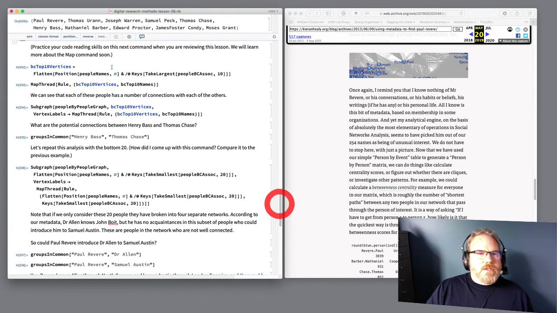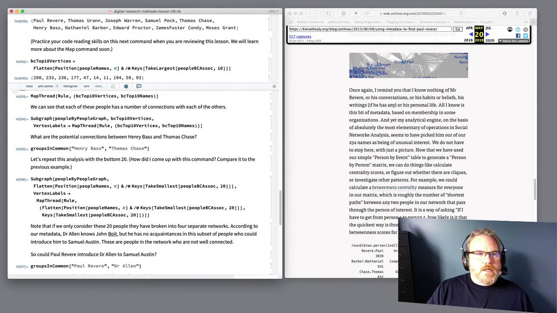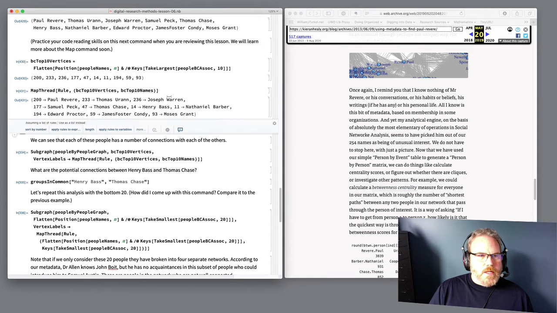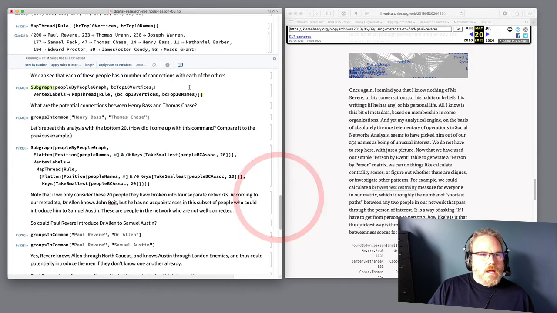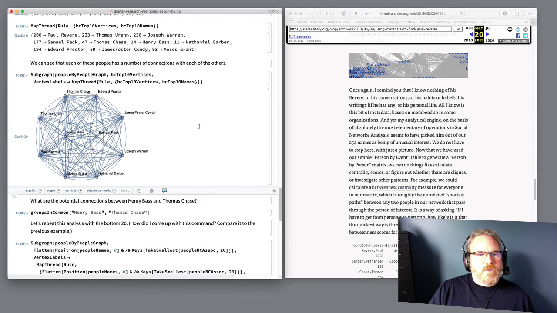And in the next command, I'm going to pull out their position in the list of people. I can then link each person to a name like this. 200 is Paul Revere, 233 is Thomas Around, and so on. And pull the subgraph that corresponds to those people.